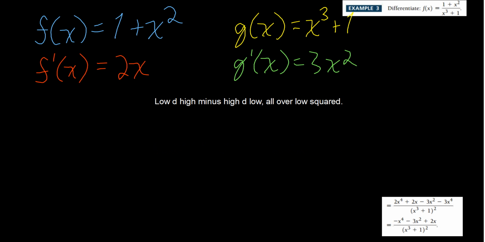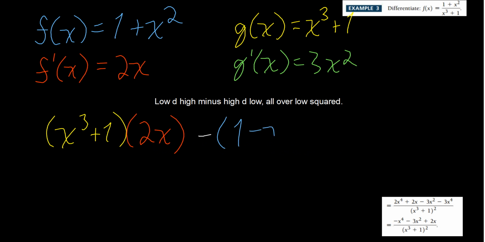So low d high, we've got x cubed plus 1, d of the high, so the derivative of the high is 2x, and then minus high d low, which is 1 minus x squared.